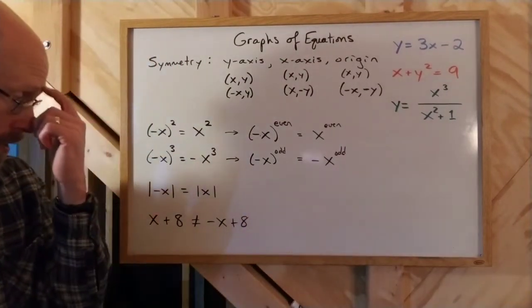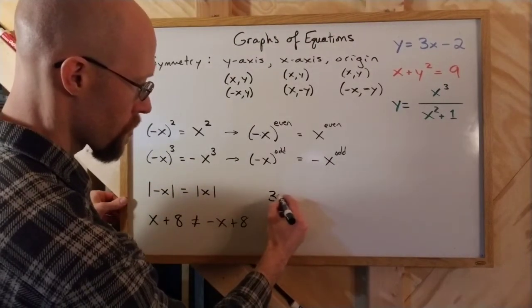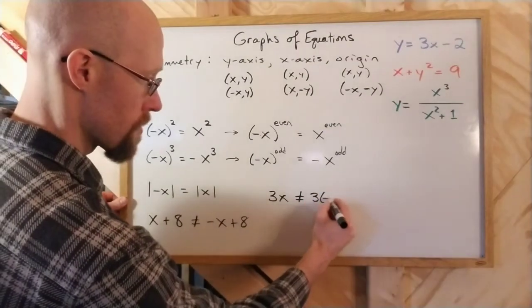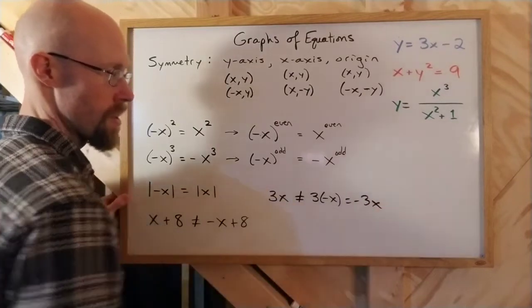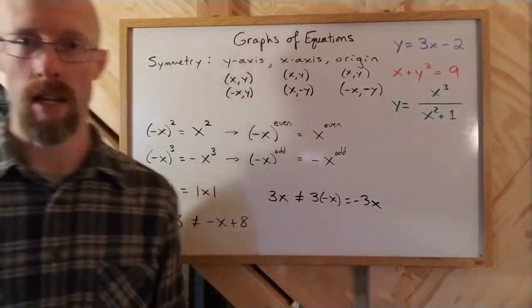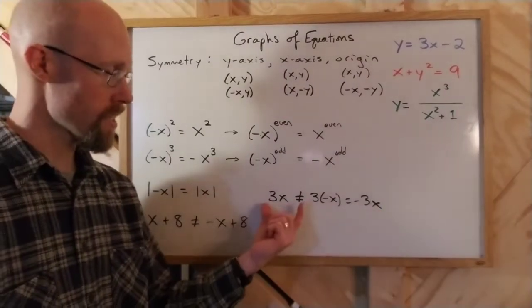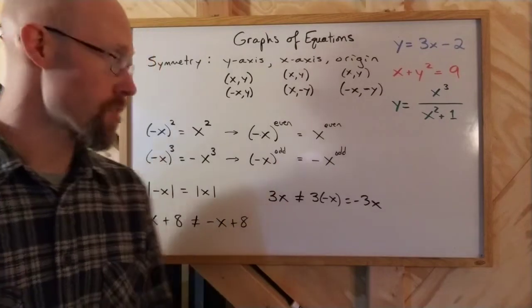Same with multiplication. 3x is not the same as 3 times negative x, which is negative 3x. So those two things, 3x and negative 3x, are not the same. There are times where you get things that are not the same, and there are times where you get things that are the same. It just depends on the situation.